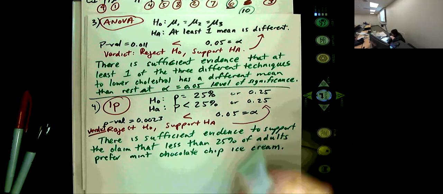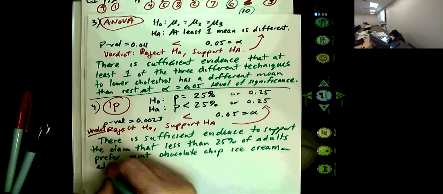Oh, at alpha equals 0.05 level of significance.